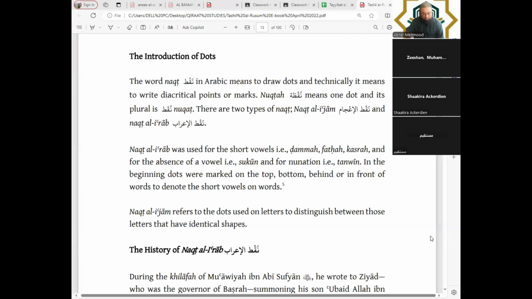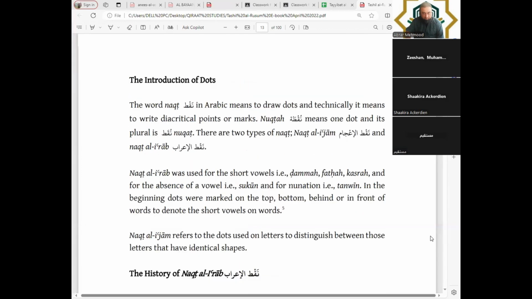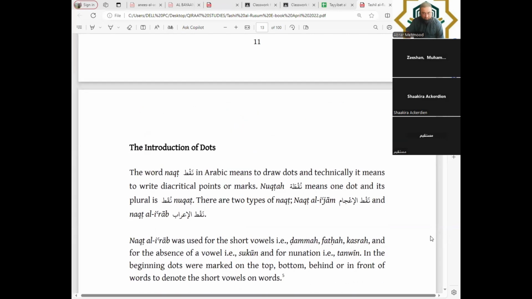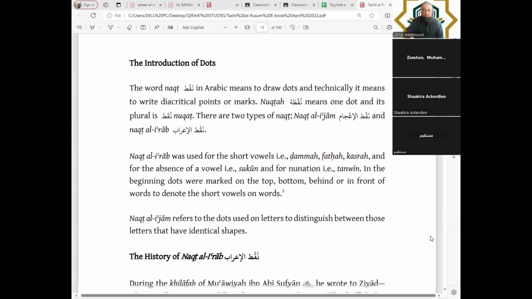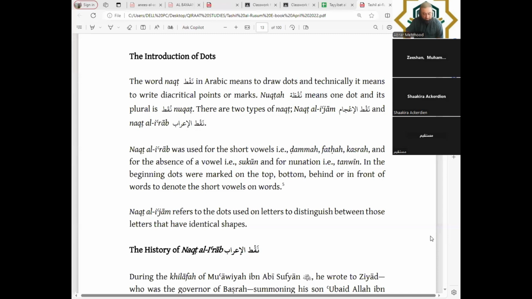Naqt al-i'rab was used for the short vowels, that is dhamma, fatha, kasra, and for the absence of a vowel, that is sukoon, and for nunation, that is tanween. In the beginning, dots were marked on the top, bottom, behind, or in the front of words to denote the short vowels on words. Naqt al-i'jam refers to the dots used on letters to distinguish between those letters that have identical shape.